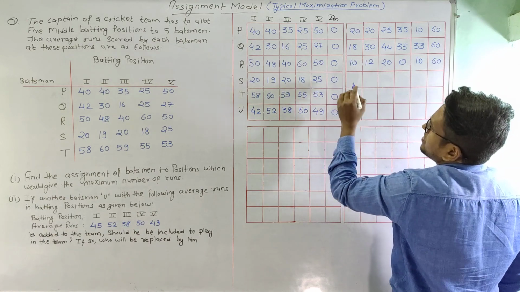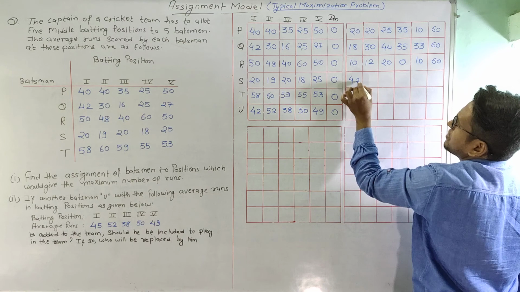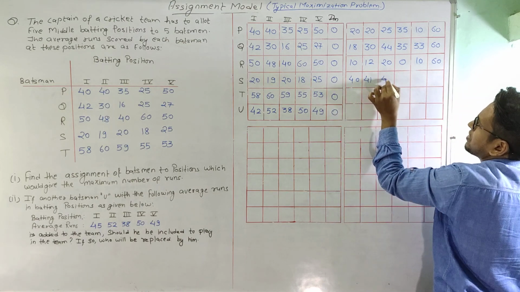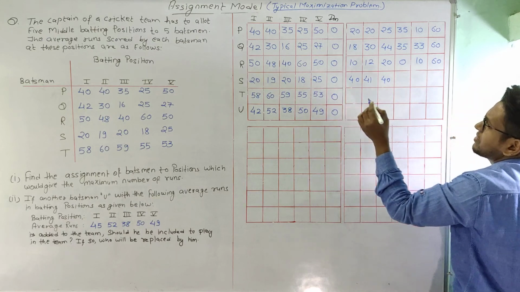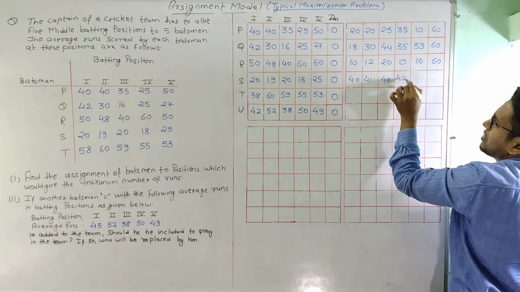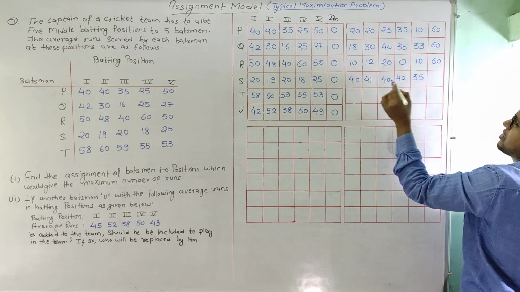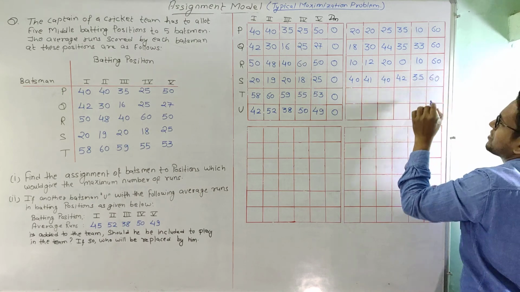Now for the next row, 60 minus 20 is 40, 60 minus 19 is 41, 60 minus 20 is again 40, 60 minus 18 is 42, 60 minus 25 is 35, 60 minus 0 is 60.